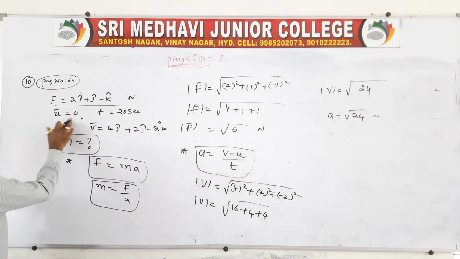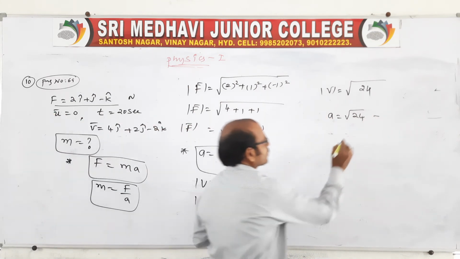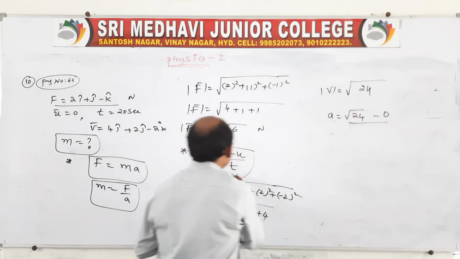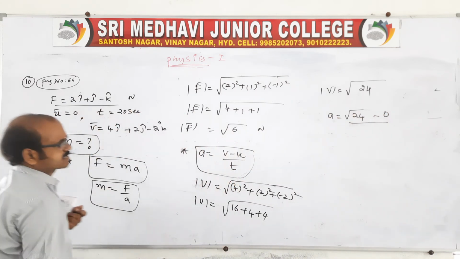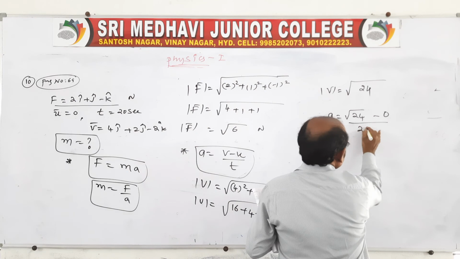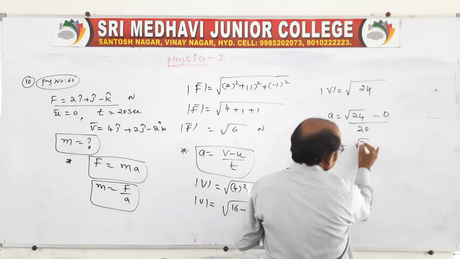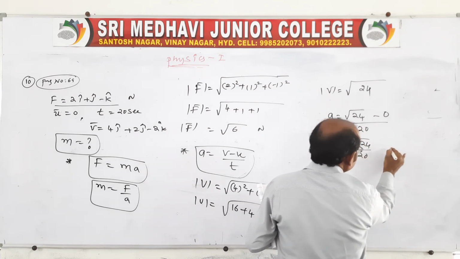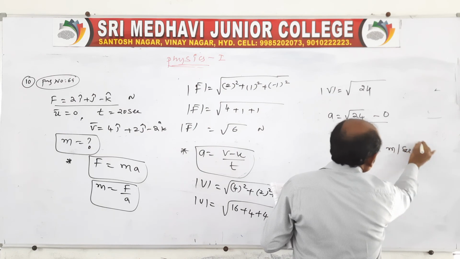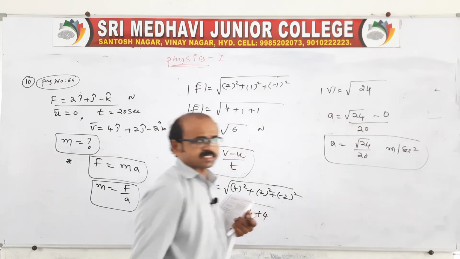Now substitute: acceleration is equal to v, which is root 24, minus u, which is 0 since initially at rest, divided by time, which is 20 seconds. So a is equal to root 24 by 20 meter per second square.